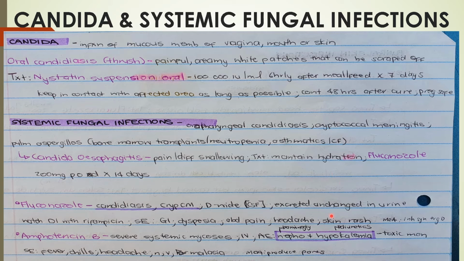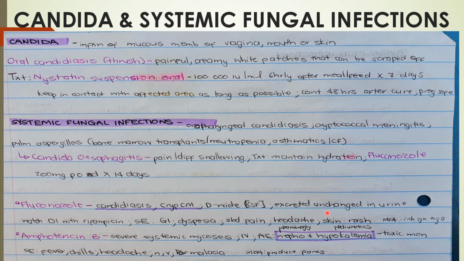There are really 2 main types of treatments used for systemic infections, which are fluconazole and amphotericin B. These ones you really have to know about. So fluconazole is used for candidiasis and cryptococcal meningitis, and the distribution is wide, meaning it can enter your CSF.